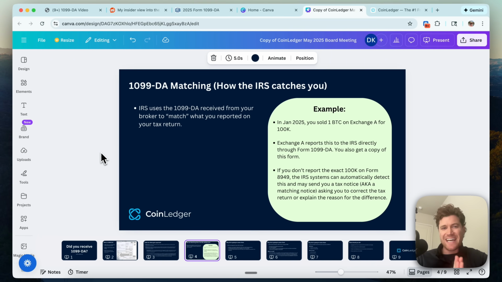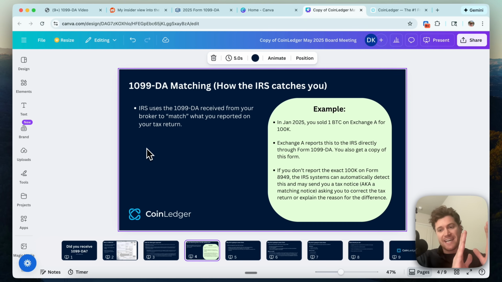Okay, let's quickly talk through 1099-DA matching, or in other words, how the IRS catches you, how they use these forms as an enforcement mechanism for tax reporting. So the IRS has used the 1099 system for a long time. Basically, they receive a copy of your 1099 with your taxpayer identification information.